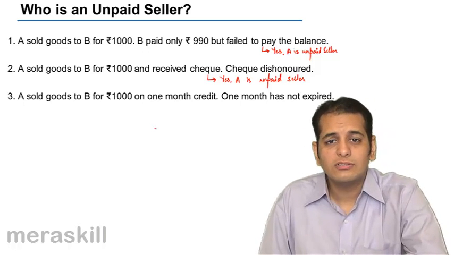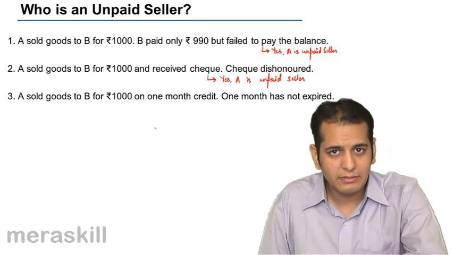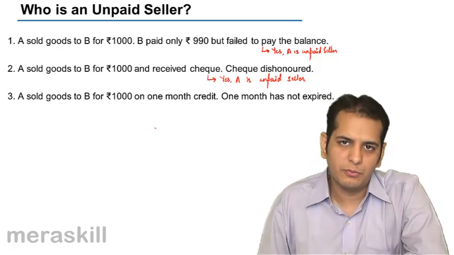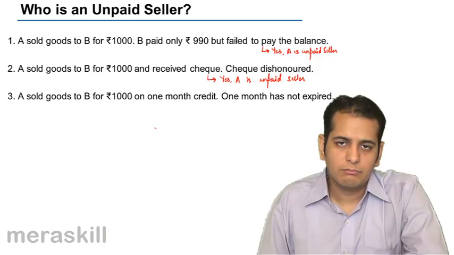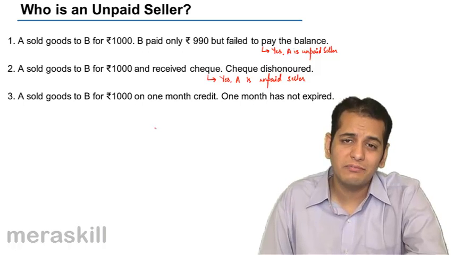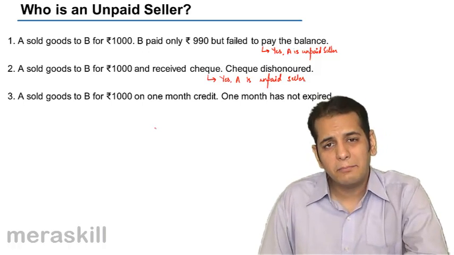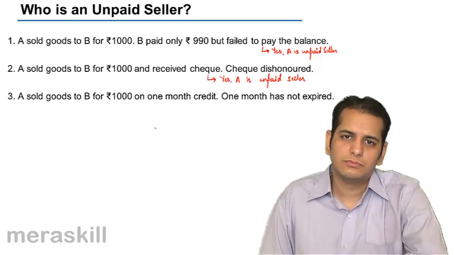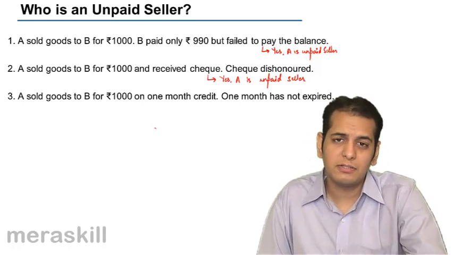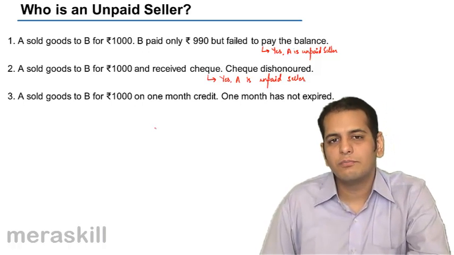No, because once the month expires, it is only then that the payment will become due. Before that, X is not supposed to receive the payment, so how can we call him unpaid? The payment will be due after a month. But before that, A cannot be called unpaid.